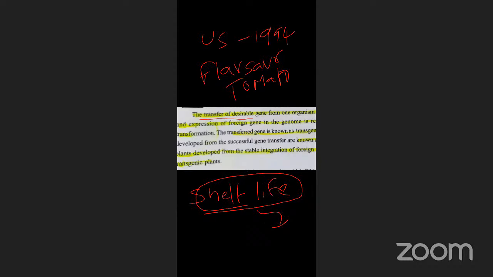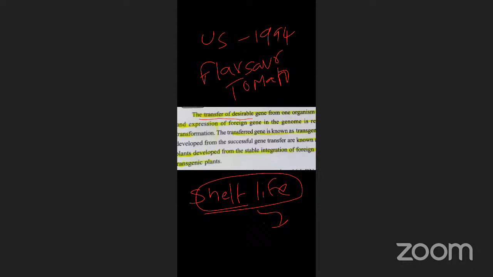The next topic: what are rDNA technology and genetic engineering techniques? In our book, page number 238 gives genetic engineering techniques, but very briefly. rDNA technology is very important for understanding transgenic plants, so please follow and write down in class.